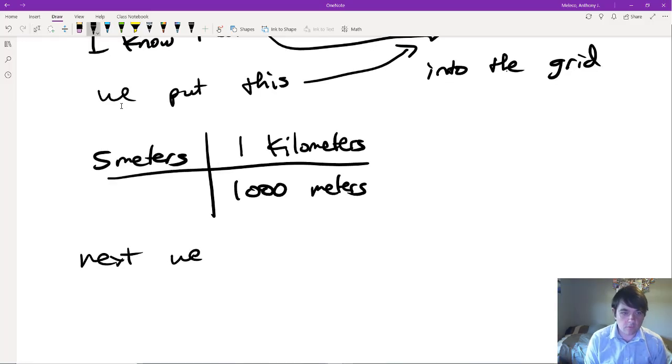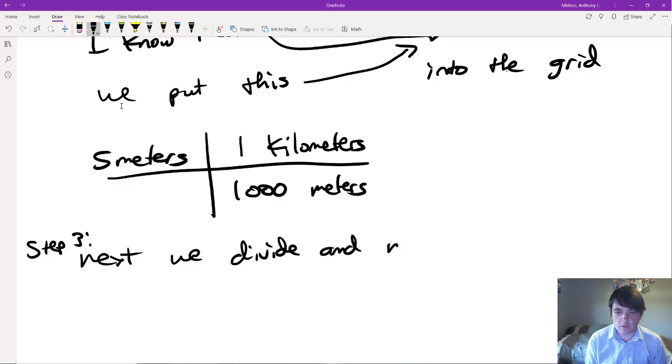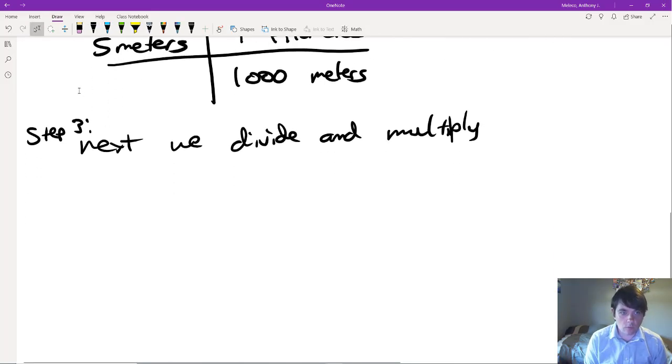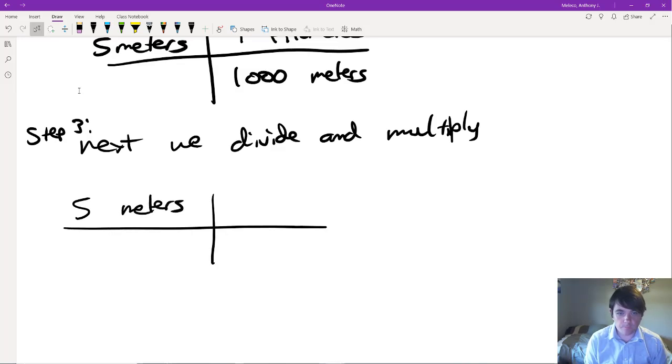Next, this is step 3. Next, we divide and multiply. So we do 5 meters, 1,000 meters on the bottom, 1 kilometer on top.